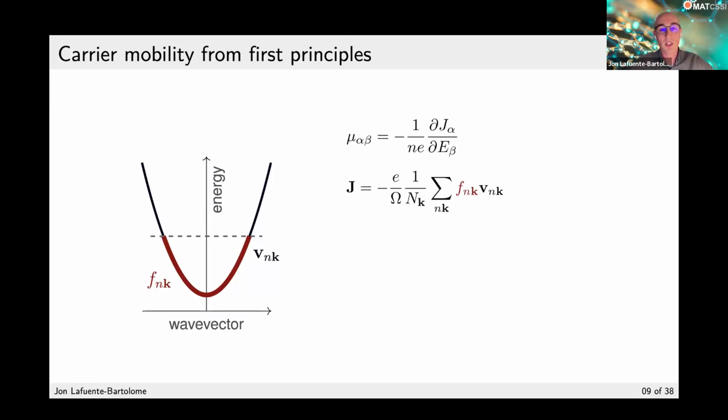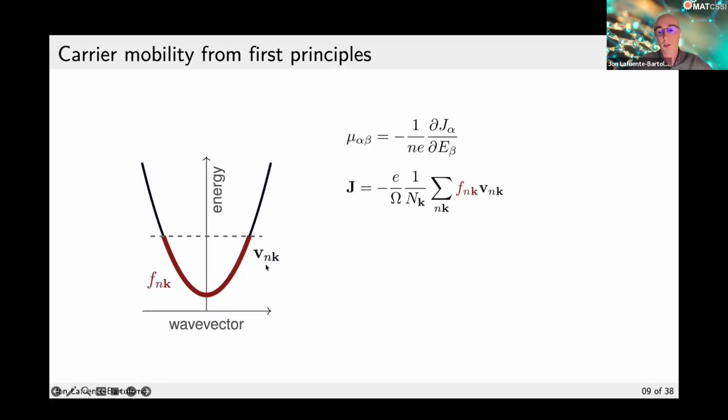One can show that in a semi-classical picture, these electron states form wave packets whose group velocity will be given just by the slope of this band at a particular wave vector. And this is what we call our electron velocity v.